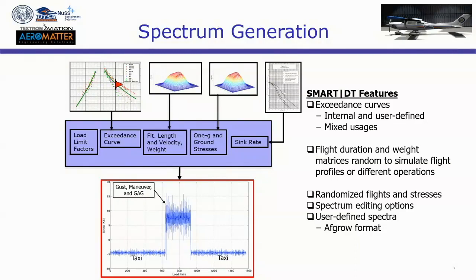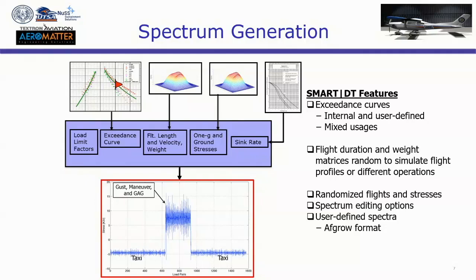I'm going to talk about these matrices where you can have variation on the flight duration, flight velocity, and the weight of the aircraft, and how you can use this for different missions, or just to have your flight in different flight stages. Like, I want to spend 25% of the time on climb, cruise, descent, initial approach. I'm going to show you how to use that. Also, we have different ways that you can randomize the flights and the stresses.